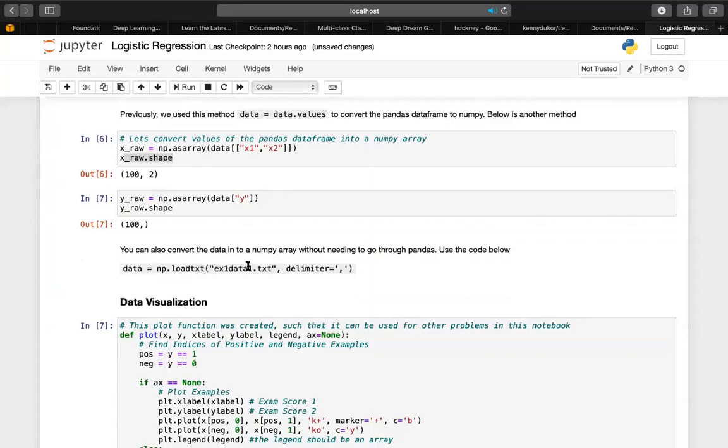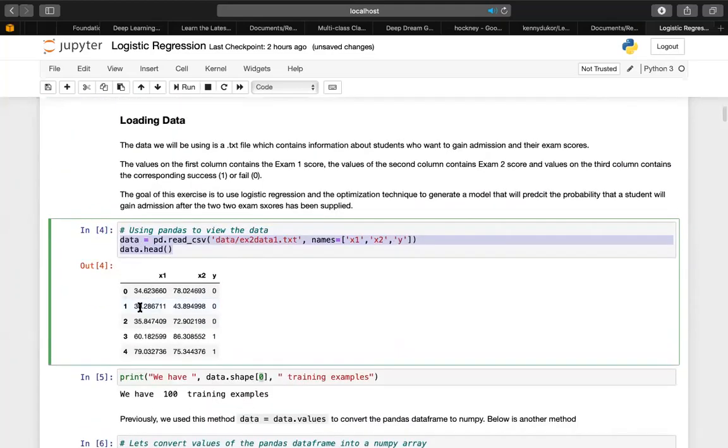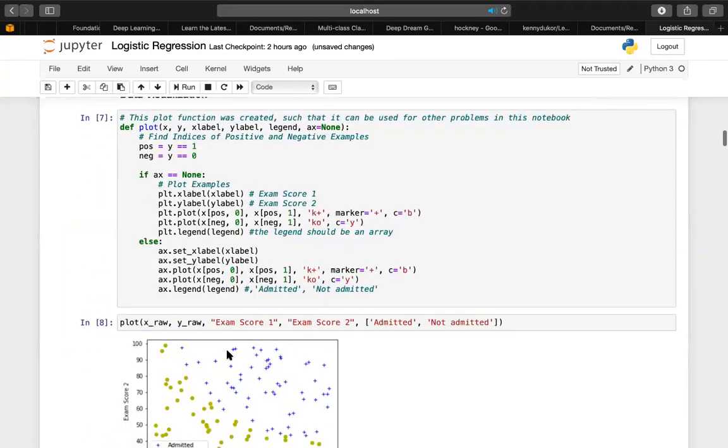So here you are loading them to become a NumPy array straight away without putting them in a pandas data frame first before converting it to a NumPy array. Maybe if you don't have time to visualize whatever you want to do, you can just convert to the NumPy array. But it's actually nicer if you're able to see what it looks like in structured format like this.